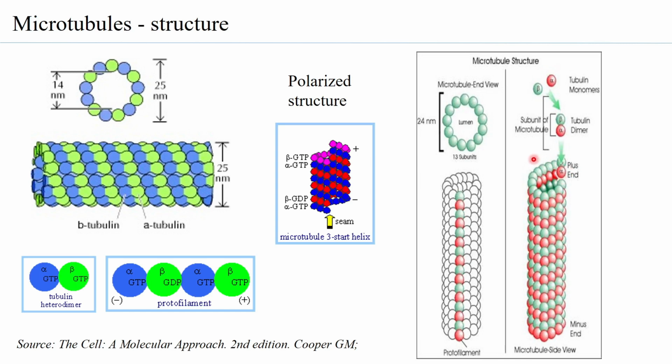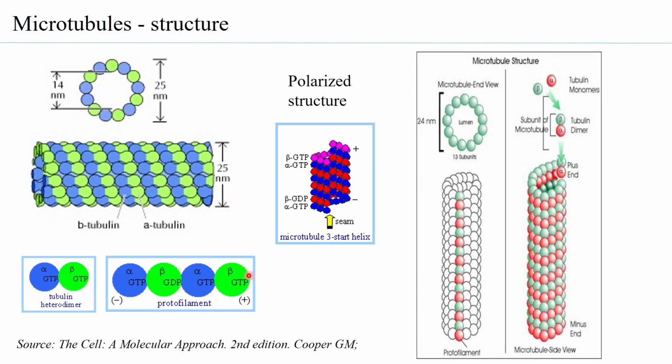Why? Because only when you have the next dimer coming and binding is the GTP associated with beta tubulin going to get hydrolyzed fast. But if you don't have the next dimer coming and binding, after a point of time this GTP will hydrolyze on its own, because the beta tubulin has GTPase activity, but very, very weak. So, I'm repeating again, when you have alpha bound to the beta tubulin, GTPase activity is very enhanced.